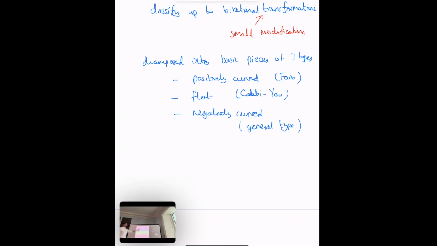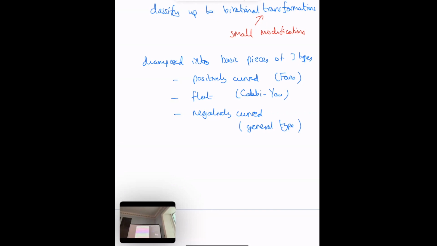What I've written on the board is good as a kind of intuitive overview. Can I say a slightly more precise thing? The statement is, after birational transformations, I can make any algebraic variety into a Calabi-Yau fibration over a Calabi-Yau fibration over a Calabi-Yau fibration over something which is either a Fano or a general type.